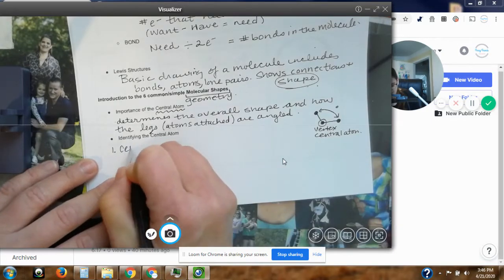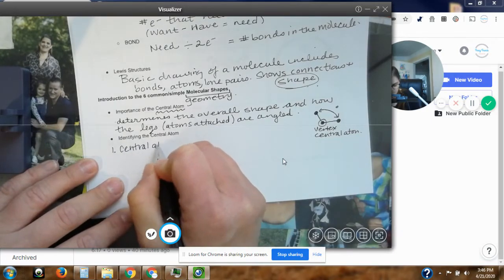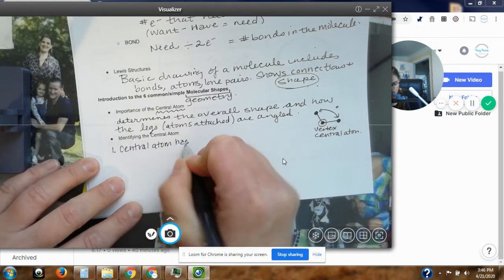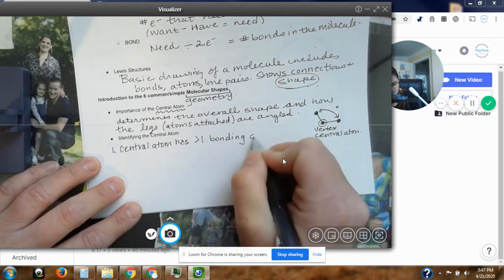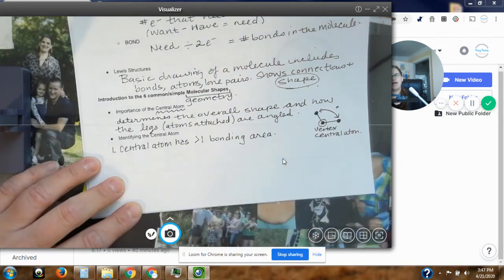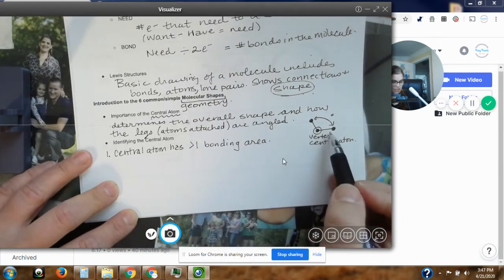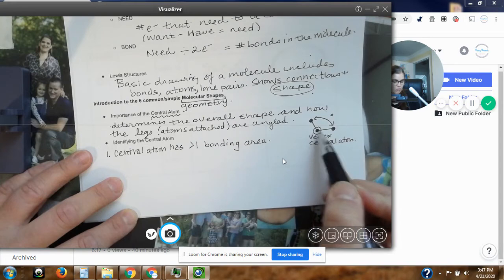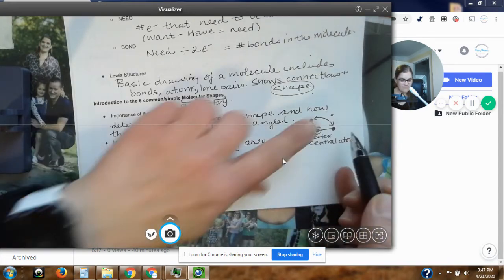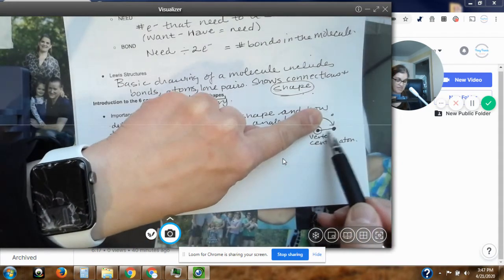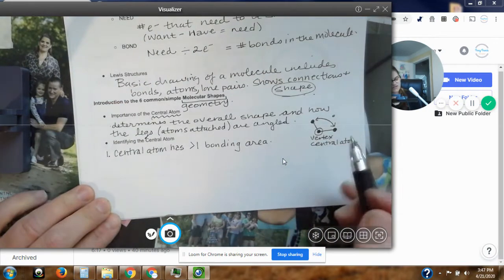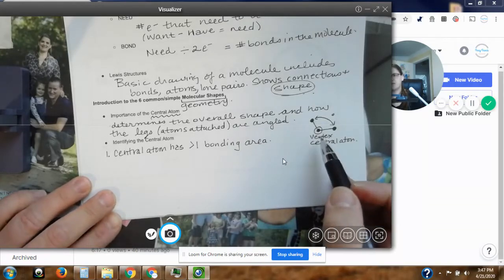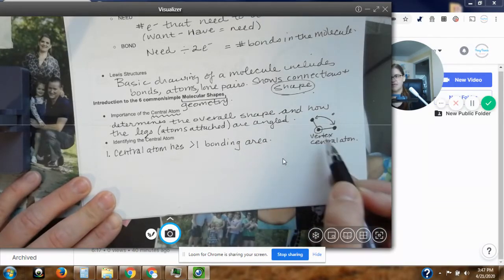The central atom has greater than 1 bonding area. It has to have more than 1 bonding area. Even if I look at this picture, if this is a central atom, it'd have 2 bonding areas. If I cover that up and I only have 1 bonding area, I really don't have a place for an entire angle, and therefore I don't have anything that's central. Obviously the vertex is in the center.